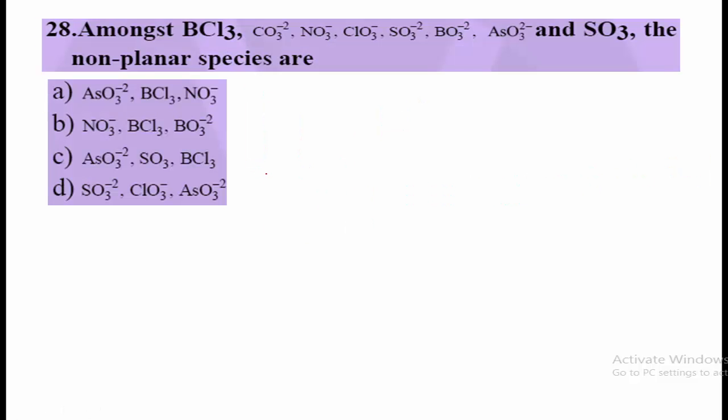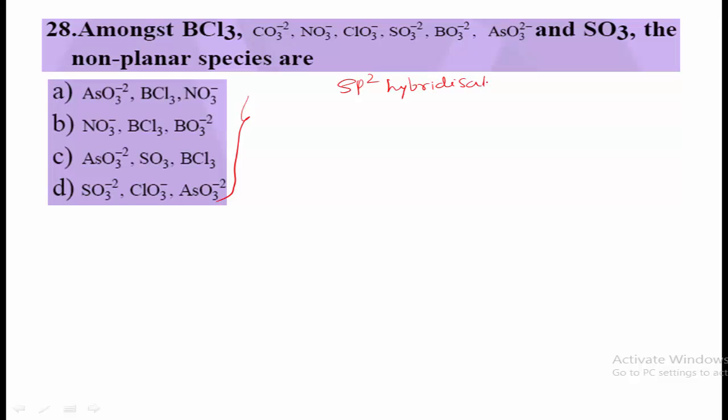28th: amongst BCl3, CO3 2-, NO3 -, ClO3 -, SO3 2-, PO3 3-, AsO3 3- and SO3, the non-planar species are. These are the given options. Now how do you find out which one is a planar species and which one is non-planar? Planar species must have sp2 hybridization.